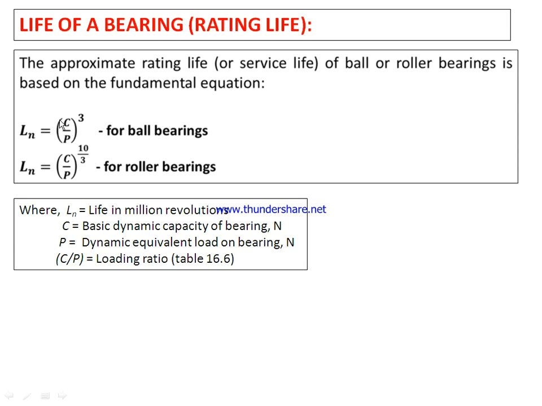So for ball bearings it is (C/P) raised to 3, and for roller bearings it is (C/P) raised to 10/3. Again, as usual, C is the basic dynamic capacity of the bearing in newtons, P is the dynamic equivalent load on the bearing in newtons, and Ln is the life of the bearing in millions of revolutions.